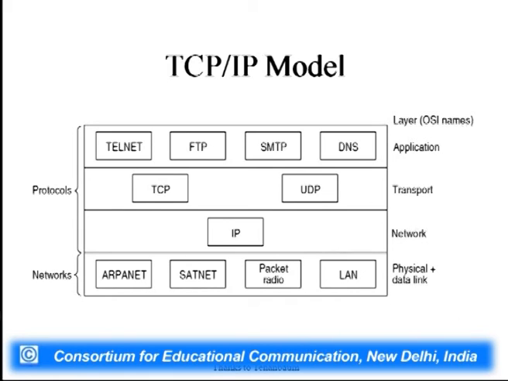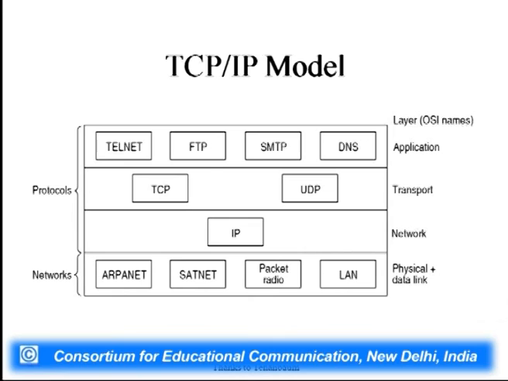Now, over the internet protocol, or internet layer, we have another layer called the transport layer, and this transport layer provides connection oriented and connectionless service. Therefore, the TCP/IP model has defined two protocols for the transport layer. One is TCP and another one is UDP.